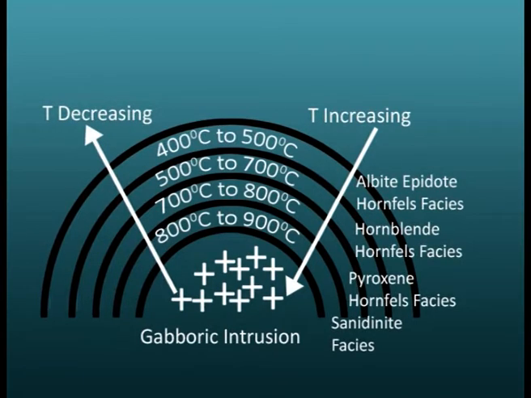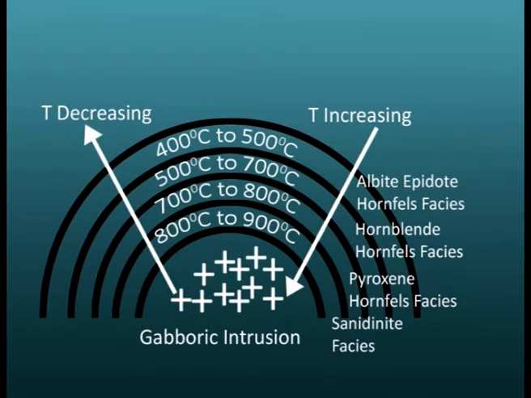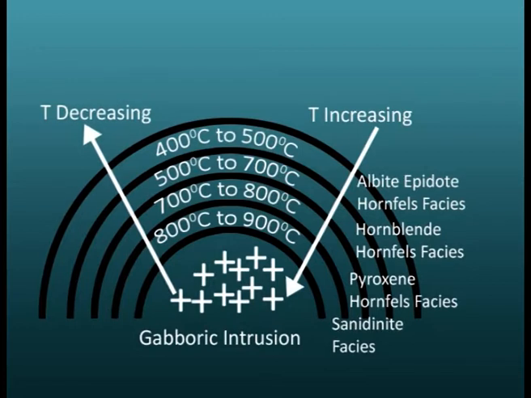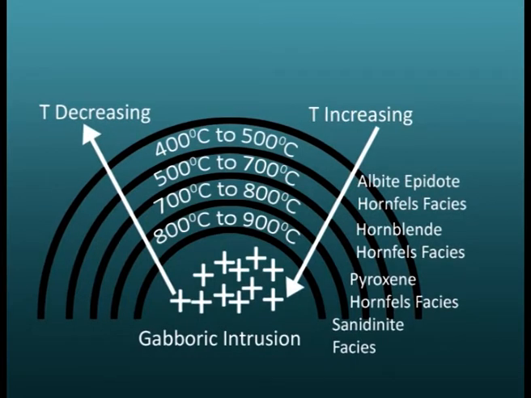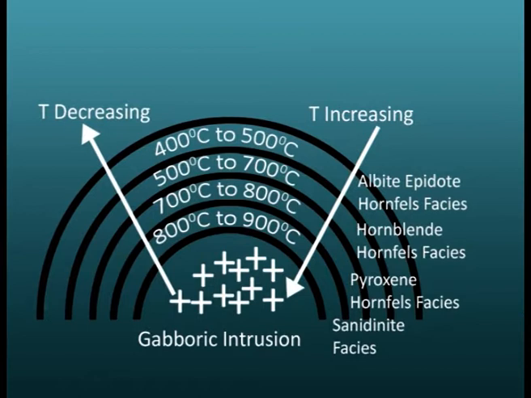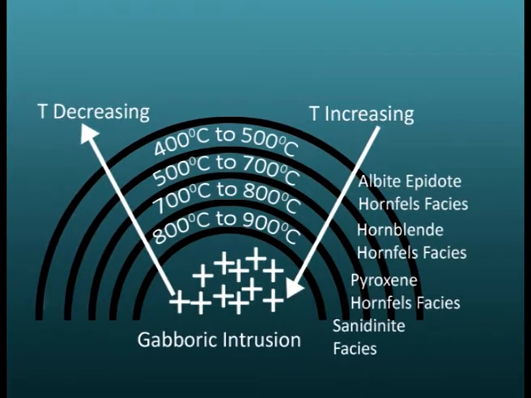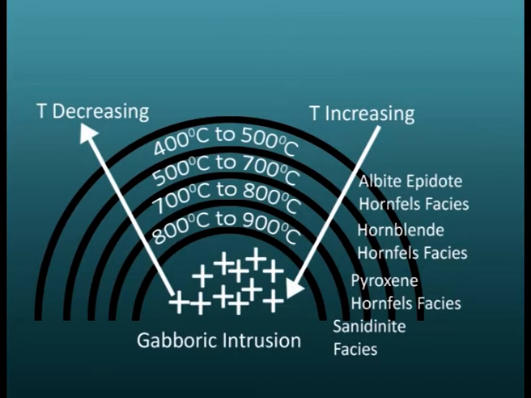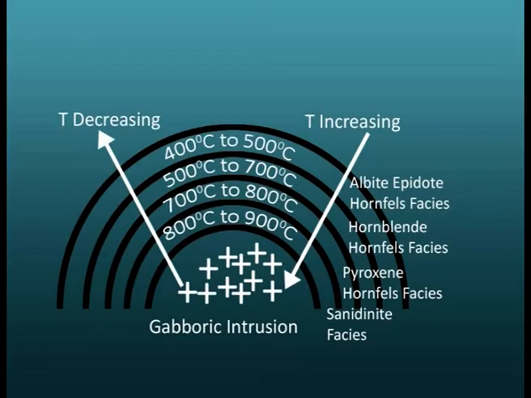If we move from outward towards the intrusive side, the temperature normally increases. And Hornblende Hornfels facies usually occurs in the intermediate zone. Inward, we can find pyroxene Hornfels facies, and outward, normally we can find albite epidote Hornfels facies.